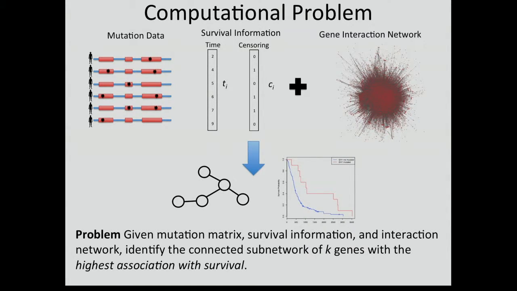So the problem that I want to solve is, given the mutation data, the survival information, and this large gene interaction network that contains tens of thousands of genes, I want to find the connected subnetwork, restricting maybe to k genes, that has the highest association with survival, as measured by the log rank test. So this is a computational problem. It's not well formulated yet, because I haven't said what it means to have the highest association with survival.